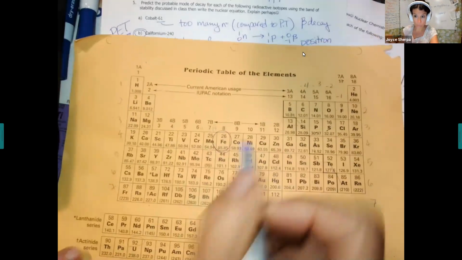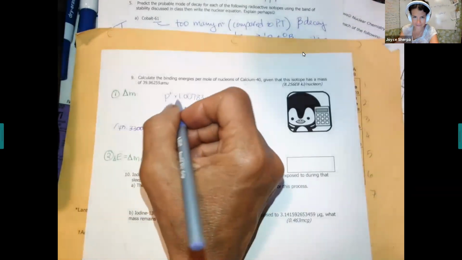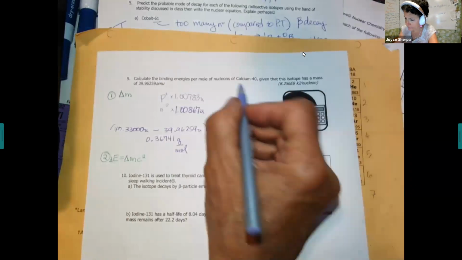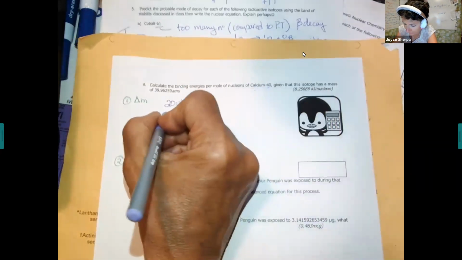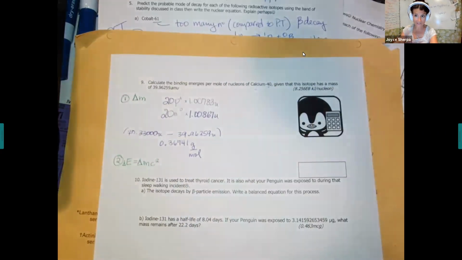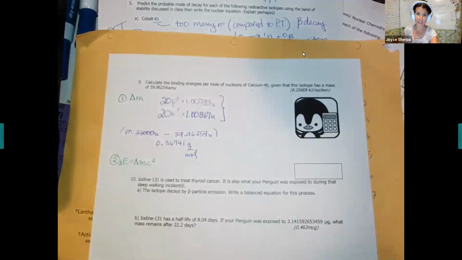At iron 56, it swaps. So when we do this math here with calcium, calcium has 20 protons, so calcium 40 would have 20 neutrons. Question that Omar had asked me, these numbers for proton and neutron, we're just going to use that. You have a question on your lab.